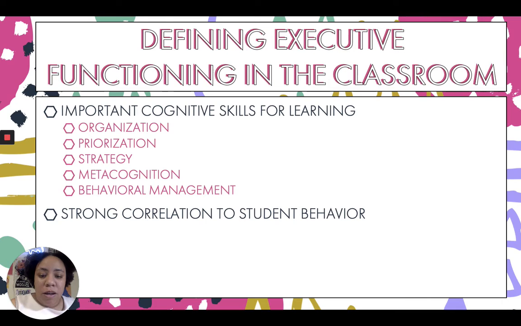The next part I'm going to talk about relates to my own research on how executive functioning has a strong correlation to student behavior. As I said before, and talked about in the previous slide, students who are avoiding, who do not have stamina, who are not motivated to learn overall in your class or in school, usually have not felt a lot of school success.